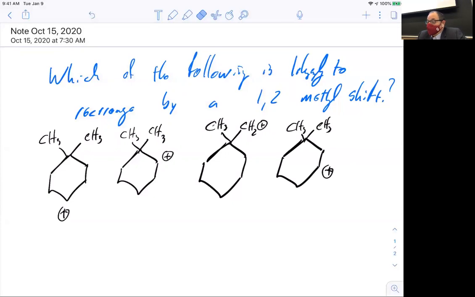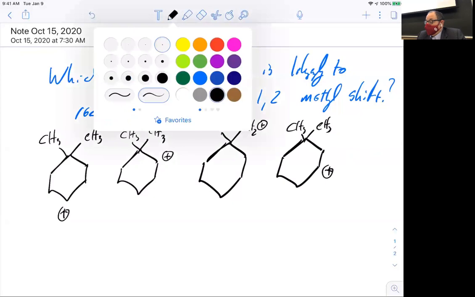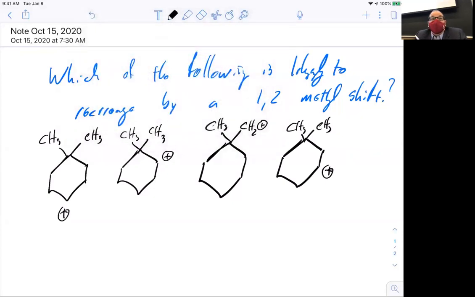If we look at these 4 groups here, take a little while, look at the carbocation, what's next to the carbocation, and tell me which one of these 4 would likely do a 1,2-methyl shift.